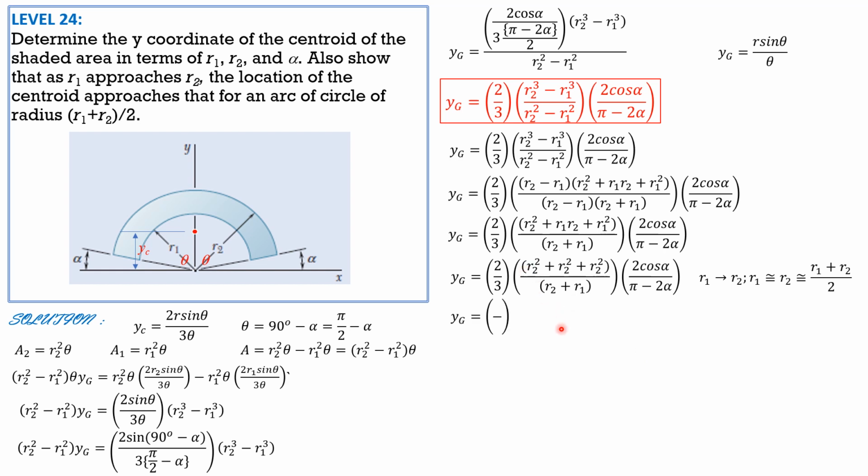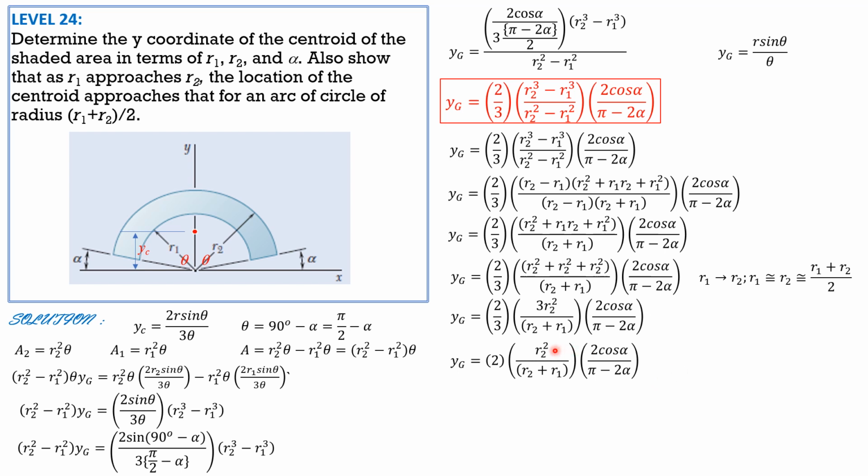Then we have yg equals 2/3 of 3 r2 square over r2 plus r1 times quantity 2 cosine alpha over pi minus 2 alpha. So cancel out 3. So yg is 2 times r2 square over r2 plus r1, then quantity 2 cosine alpha over pi minus 2 alpha.